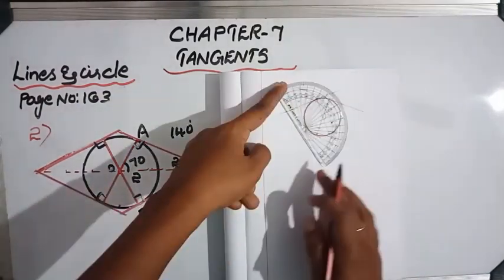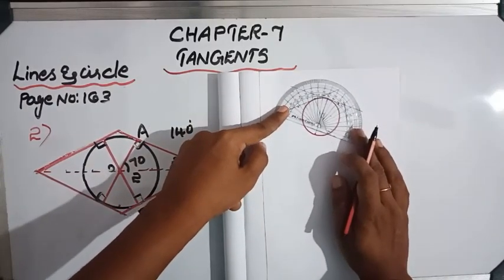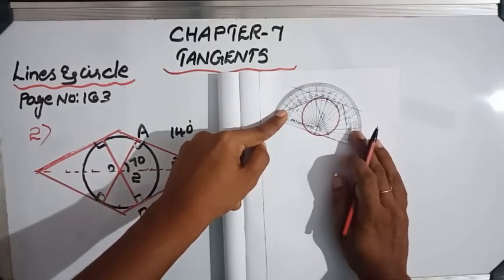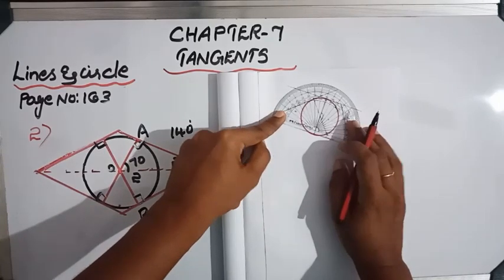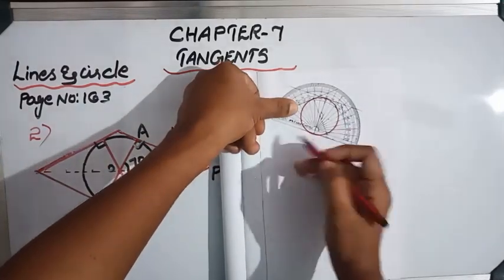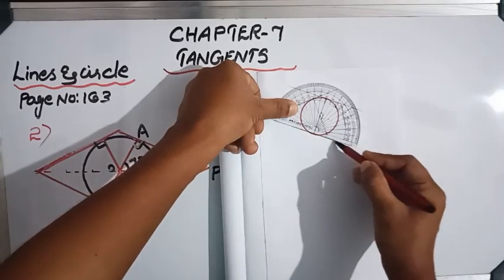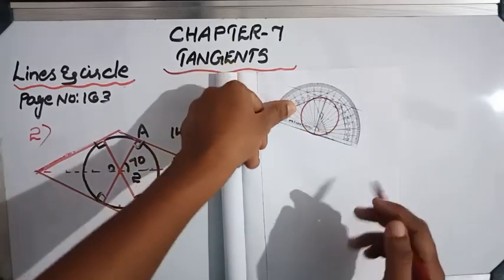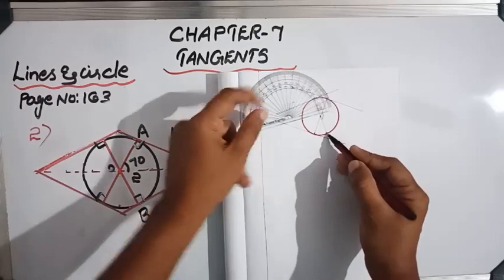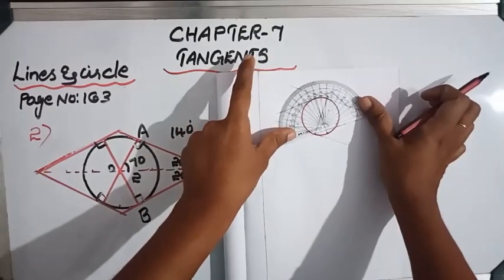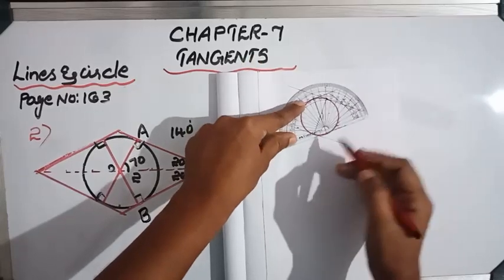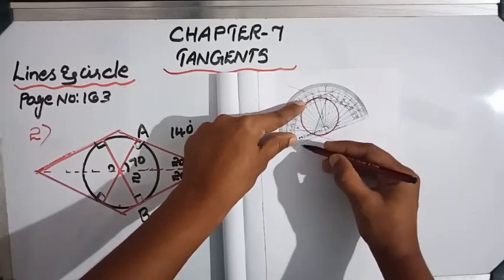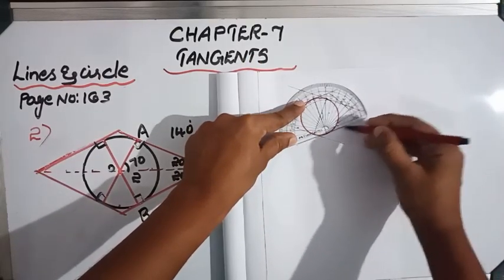For that you have to rotate the protractor and keep the 90 degree and that line in the same line. Then only that point must be visible like this. Then draw the next one like this. Then one more point is there. Keep the protractor again on that line. Keep it like this. Only that point must be visible. Then draw the next tangent.